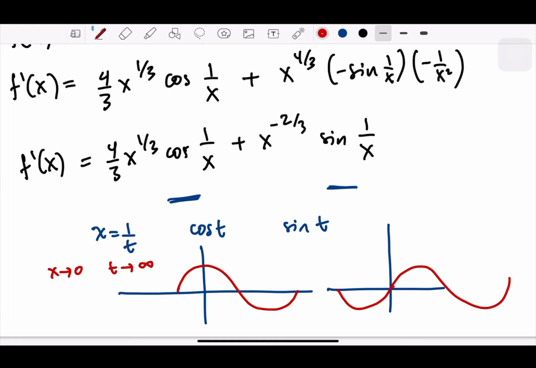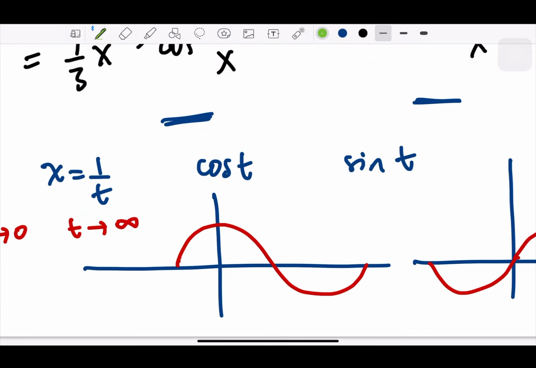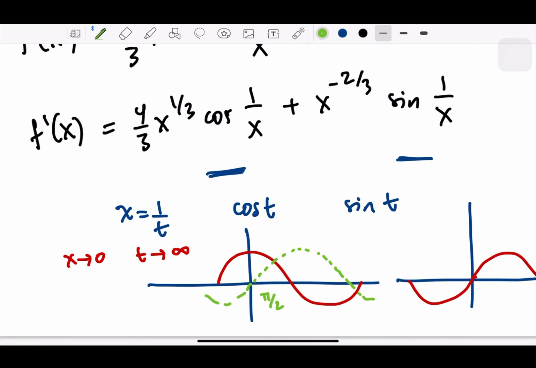Because of the difference between cos and sine, there is always a pi/2 difference between them. So when cosine is going up, sine will be a little bit down, or conversely, when cosine is down, sine is going upward. I hope you understand my idea here.